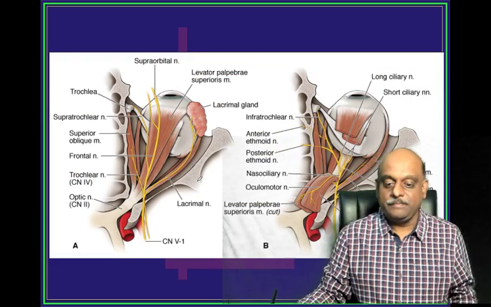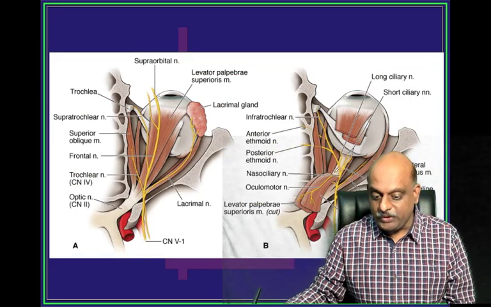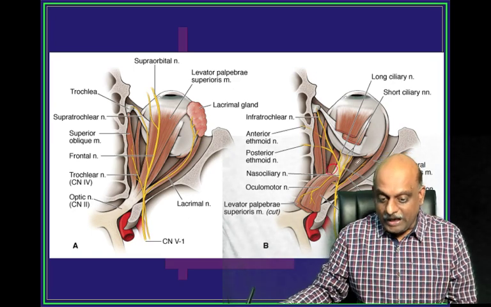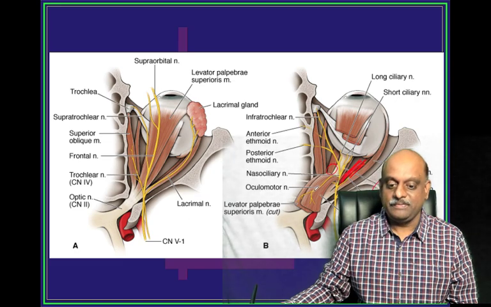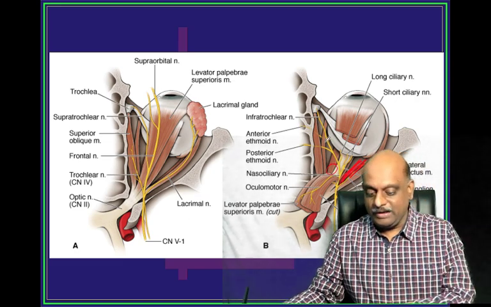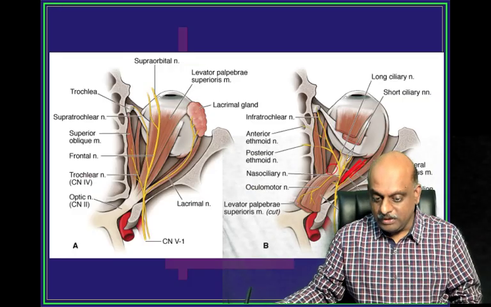Now, doctor, the question comes, where is the ciliary ganglion located? आपका ये lateral rectus है ना doctor? Lateral rectus, right? And optic nerve. This is the optic nerve.